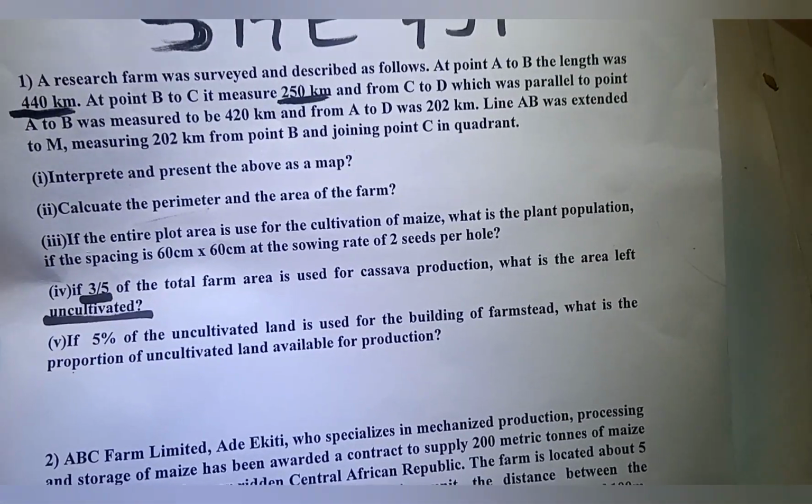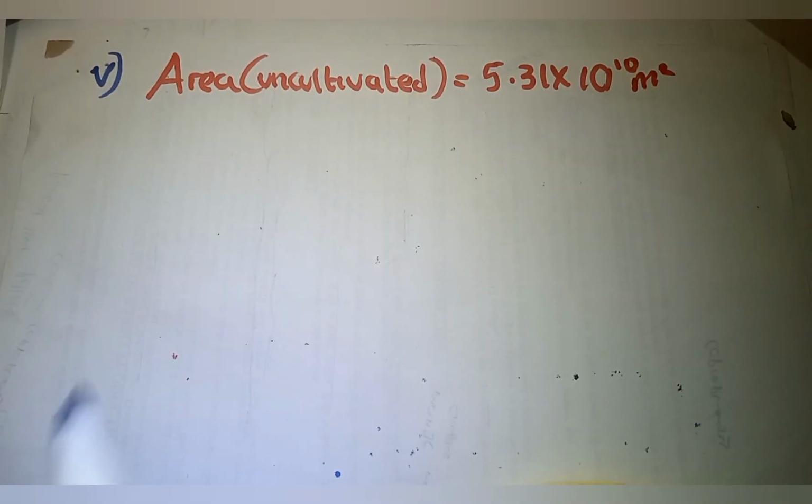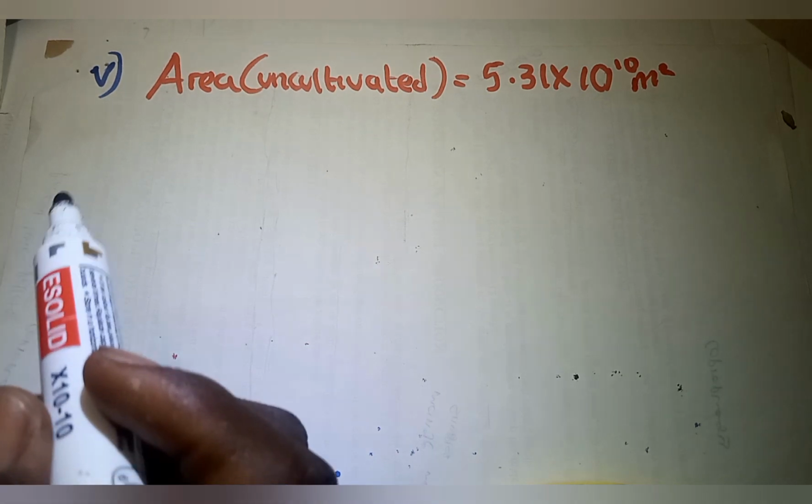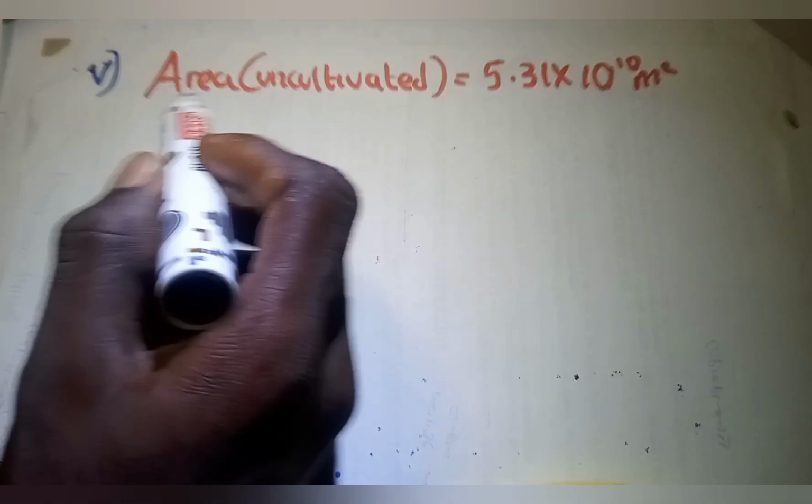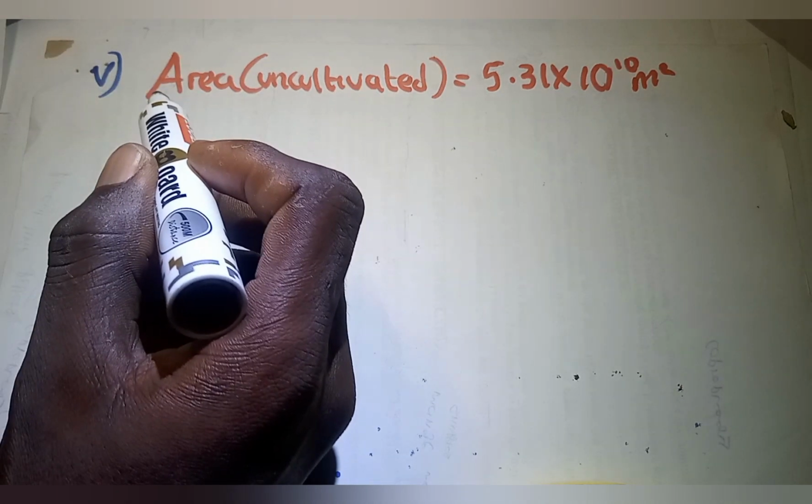So get the question before answering. Now let's proceed. This is the area that is left uncultivated, but question number 5 says that out of this uncultivated area, 5% is used for constructing the farmstead. When you're talking about percentage, you're talking about 100.